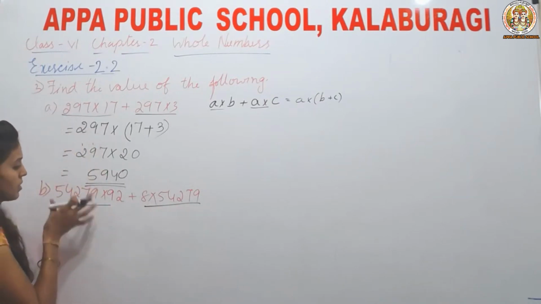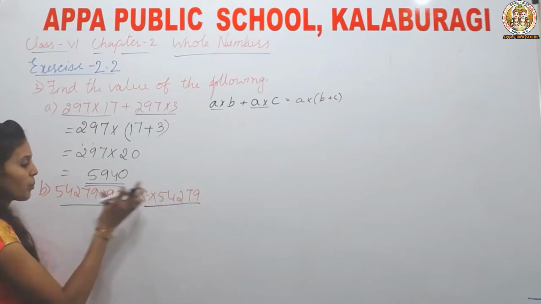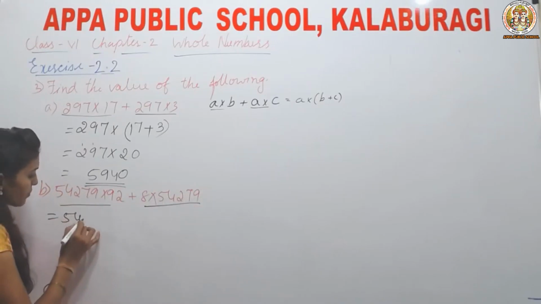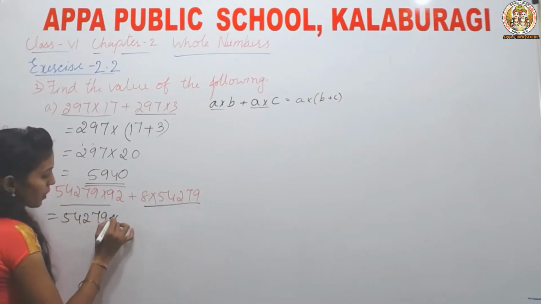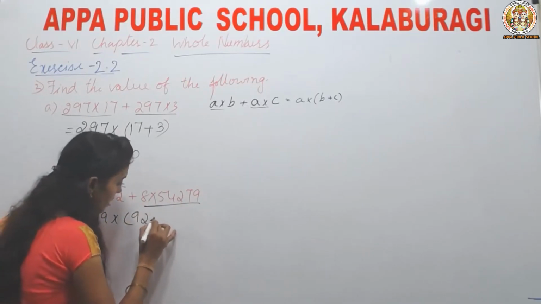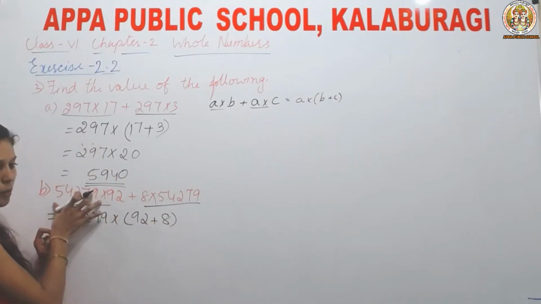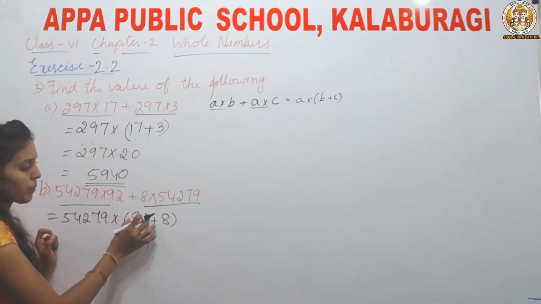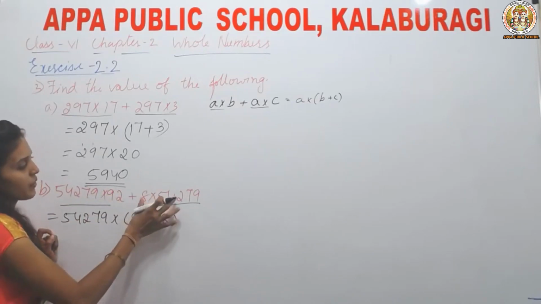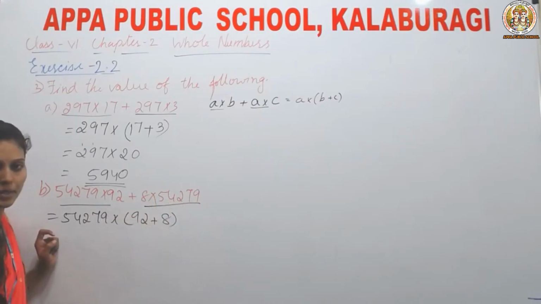In these two terms, we have this common term. So keep that common term outside. If I keep this common term outside, what remains: from this term, 92 will be remaining. Plus, from this term, 8 will be remaining.